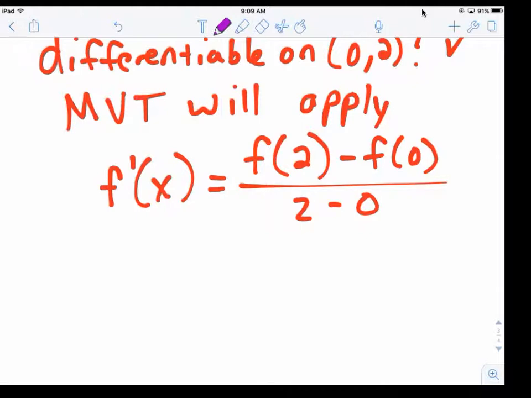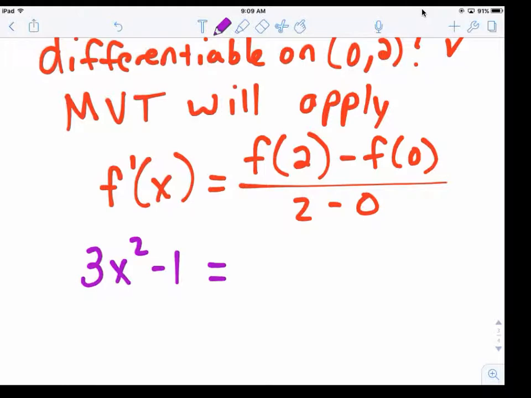Well, we're going to be working on both sides, right? So we know f prime of x is what? All right, so now we're trying to see where 3x squared minus 1, the derivative, equals the average rate of change.